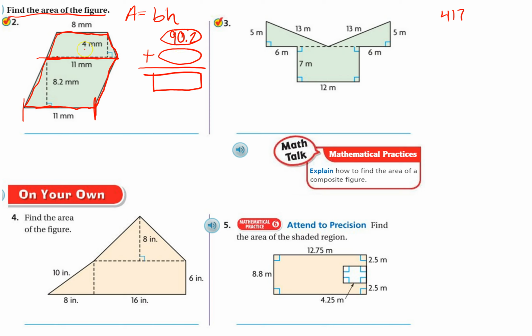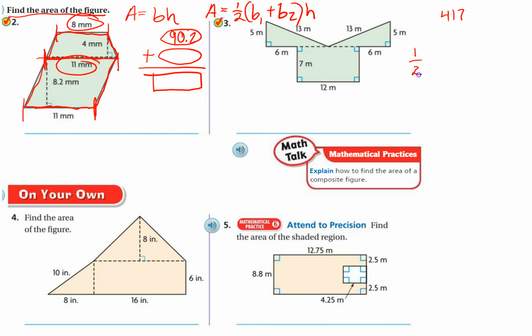Okay, so let's find the area of this trapezoid. Formula for the trapezoid: area equals 1/2 times base 1 plus base 2 times the height. Okay, so 2 bases. Here's a base, 11. Here's a base, 8.